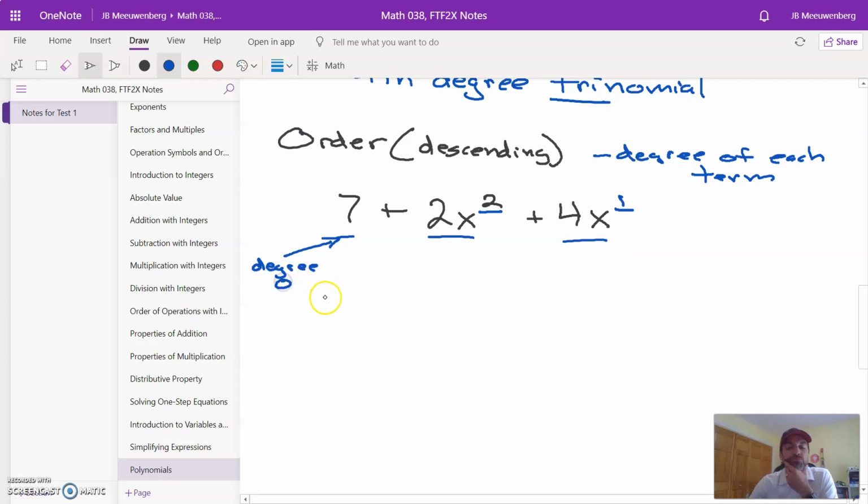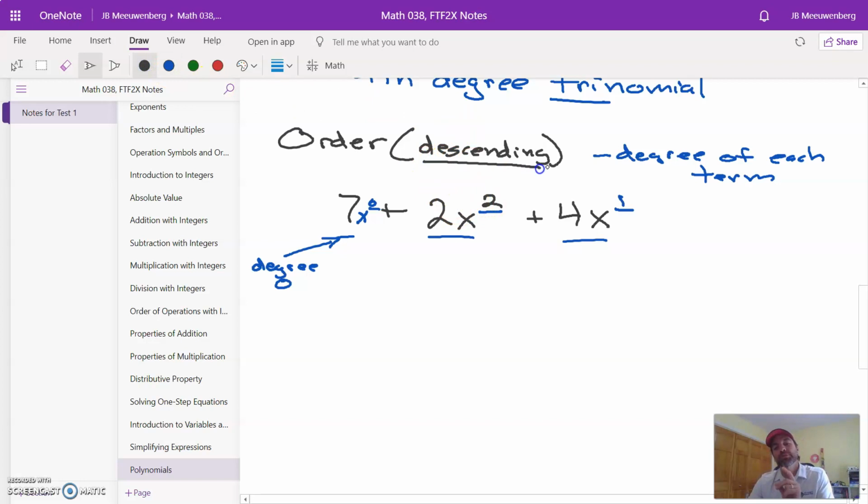Degree 0. So there's an invisible x to the 0 there. Remember, anything to the 0 power is equal to 1? Go back to the very first lesson. So we have degrees of 0, 2, and 1. The common way for us to write our polynomials, this is just a mathematical convention, is we write our polynomials in order. We put the terms in order from highest degree to lowest degree.